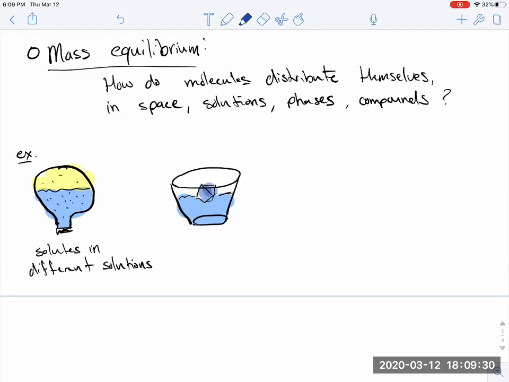Okay, let's leave the ice that color. So there's liquid water in contact with a piece of ice that is also in contact with its vapor above it. A question of mass equilibrium I might ask is, where do the H2O molecules distribute themselves? More specifically, which phase do they distribute themselves in?